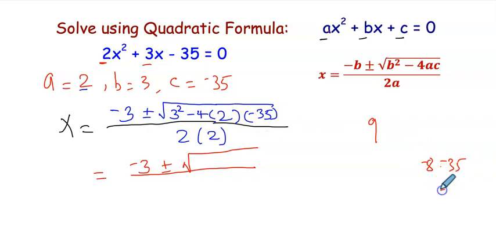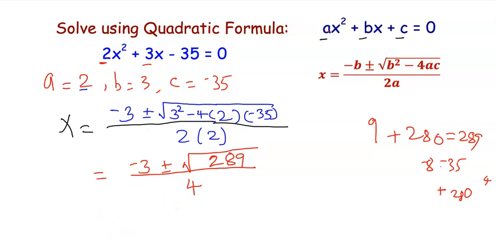On multiplication, negative times negative is positive, 8 times 5 is 40, carry 4, 8 times 3 is 24 plus 4, 28. So 9 plus 280. What is 9 plus 280? 289. So inside the square root I'll write 289. And in the denominator it is 2 times 2 gives you a 4.